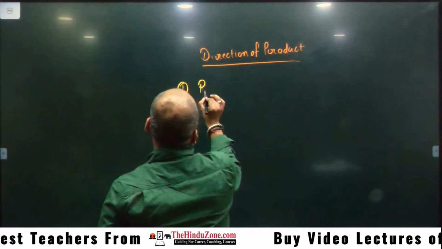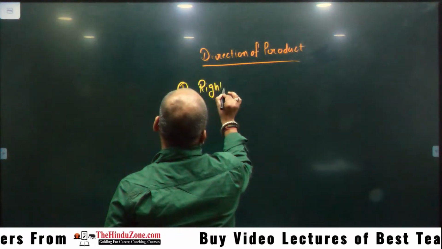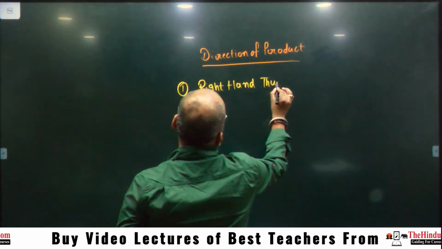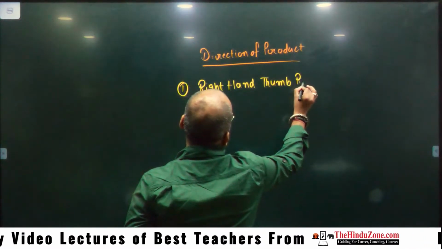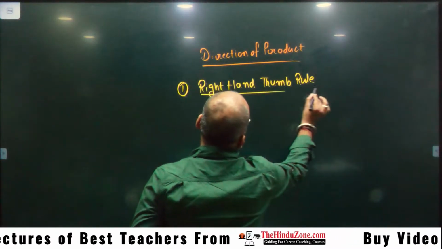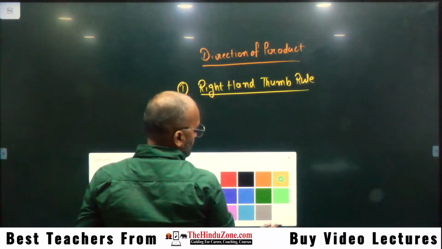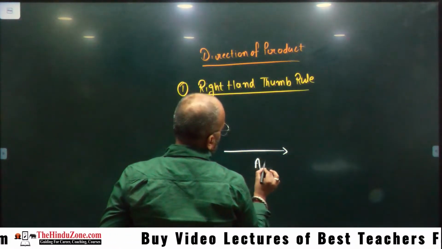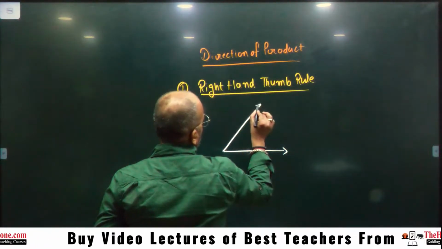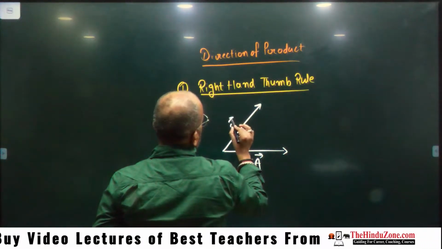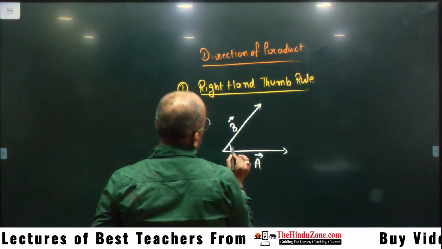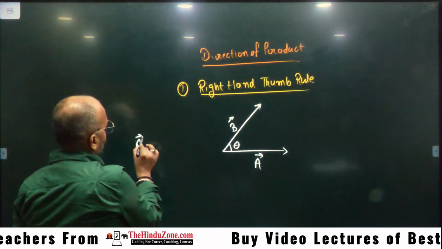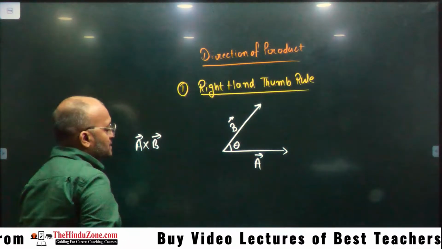Number one is the right hand thumb rule. Suppose these are my two vectors, vector A and vector B. And you are doing A cross B. Pay attention. You are doing A cross B. Okay.